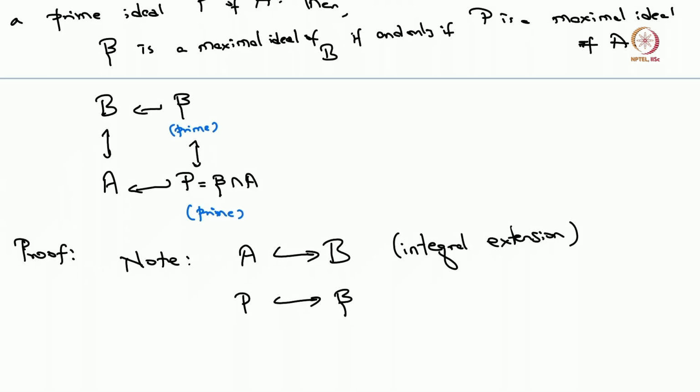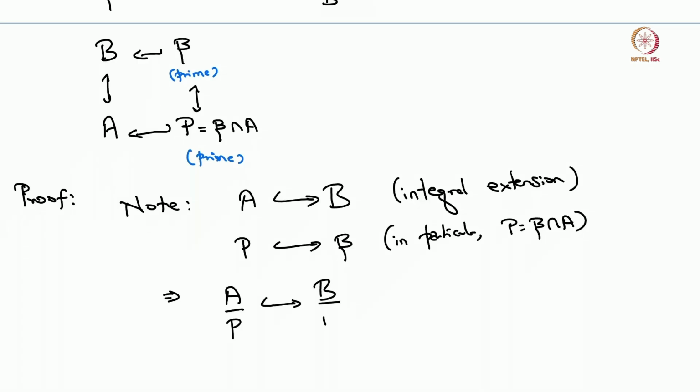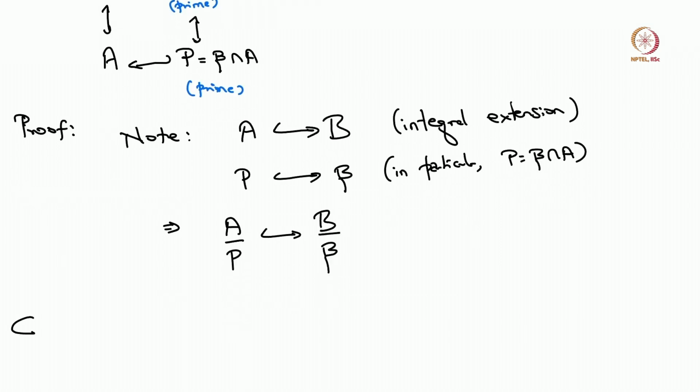So if you pull back beta, you get P. So in particular, P equals beta intersect A. And so what that means is that the quotient A over P sits inside B over beta. So you get this induced injection, and the claim is that this induced extension is also integral.